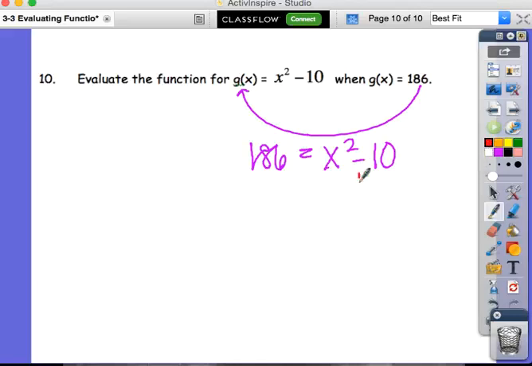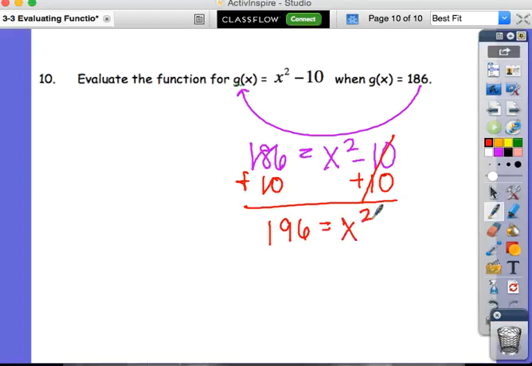Okay? So add 10. So you get 196 equals x squared. Okay, so we need to figure out what x is, not what x squared is. What does x squared mean? It means x times x, exactly.